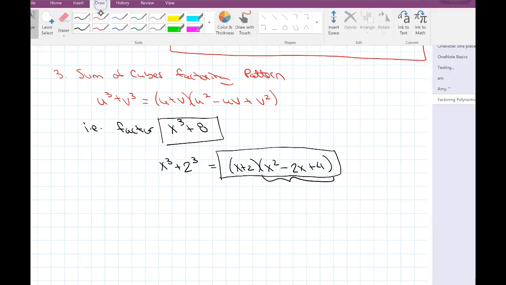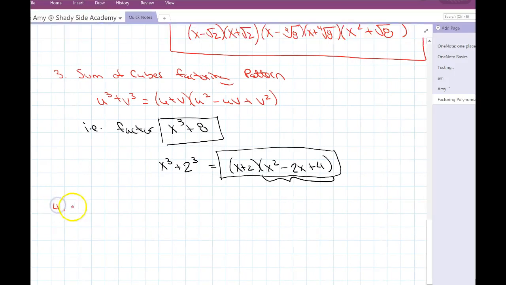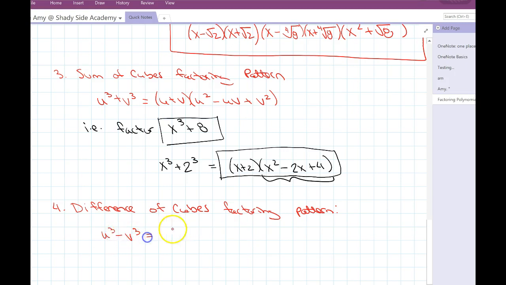The final factoring pattern is, you guessed it, the difference of cubes factoring pattern. So you'll notice that sum of cubes can be factored, sum of squares cannot. The difference of cubes factoring pattern is the following. It says that u cubed minus v cubed will equal u minus v times u squared plus uv plus v squared.